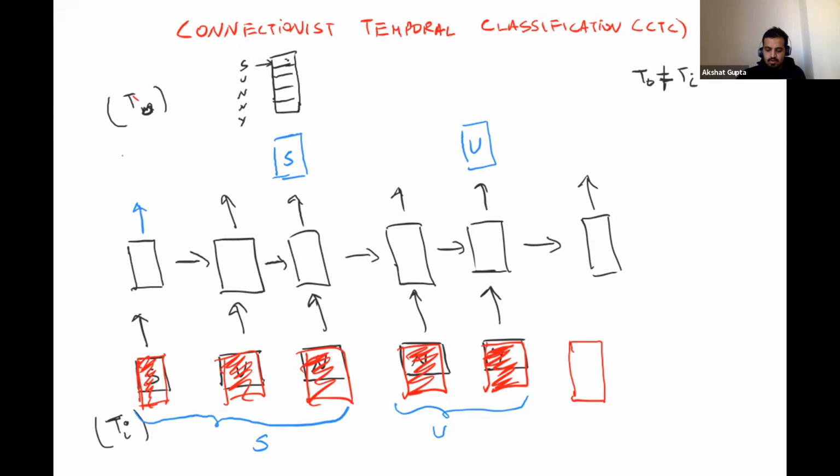I'll maybe go through it once quickly, in terms of practice, of how this is done. So for example, I have my RNN that looks something like this.